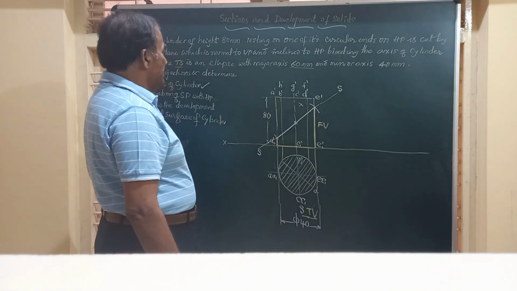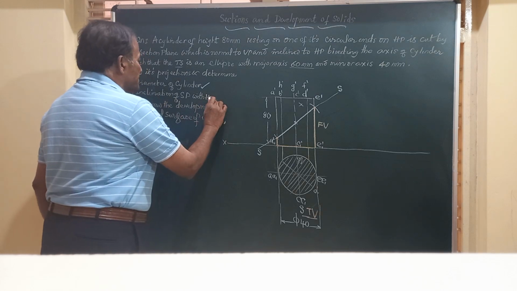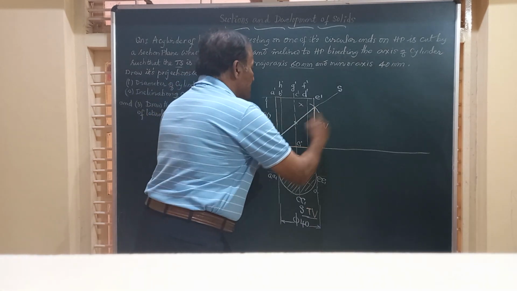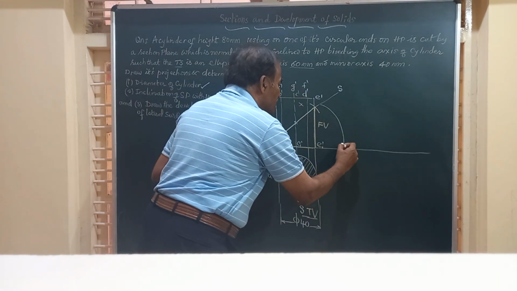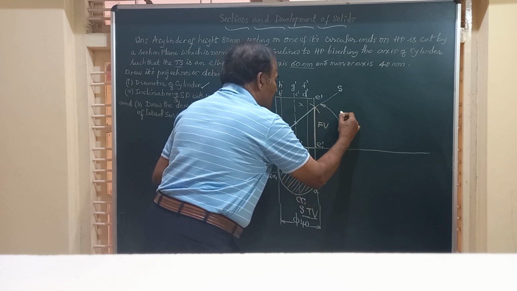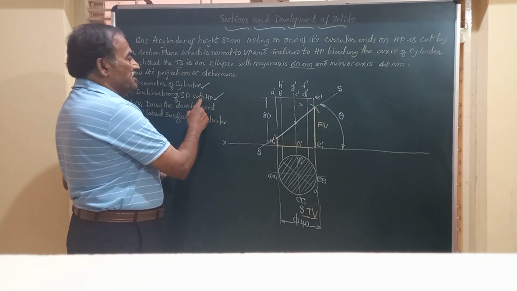Friends, next we have to get what is known as the inclination of the section plane with HP. What is that, friends? This SS is perpendicular to VP, and if you are able to measure this angle, this will give you theta, the inclination of the section plane with the HP.